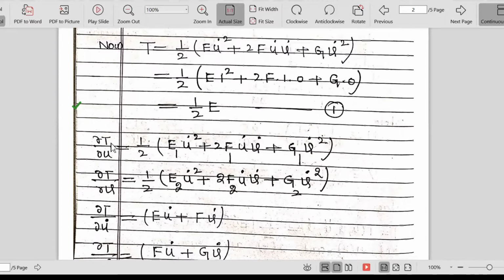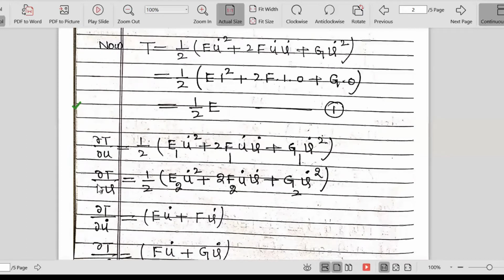Similarly, we can define ∂T/∂u and ∂T/∂v. When we differentiate with respect to u, these quantities E, F, G are denoted with subscript 1. For example, if we differentiate E with respect to u, it is denoted as E1, similarly F1 and G1.